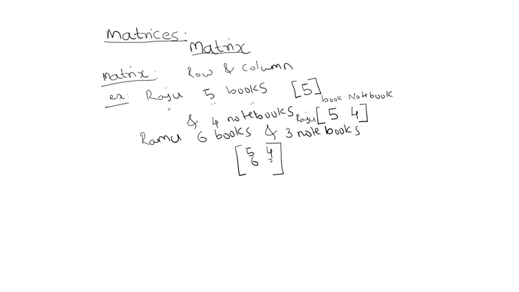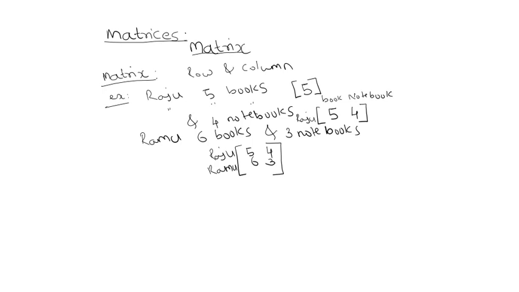Already we have seen that the first column is books and the second column is notebooks. The first row is the candidate Raju, and the second row is Ramu. In this manner, information can be expressed in the form of a matrix.